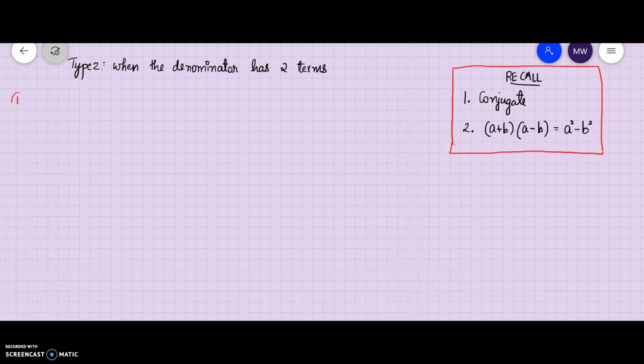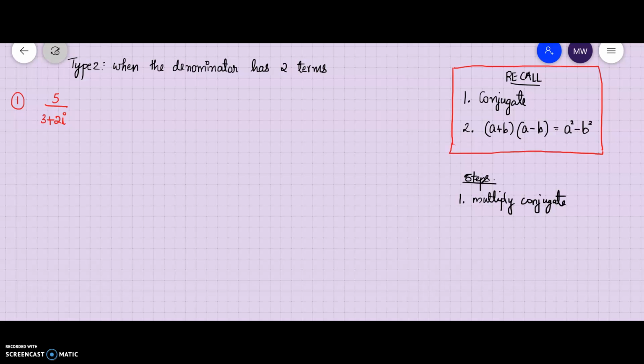Let me write down a question here. For a question, I'm going to put 5 over 3 plus 2i. Here in the denominator we have two terms, 3 and 2i, 3 plus 2i. That's a two-term denominator. Whenever you have a two-term denominator, the first step is that instead of multiplying just with an i, you multiply with the conjugate of the denominator.